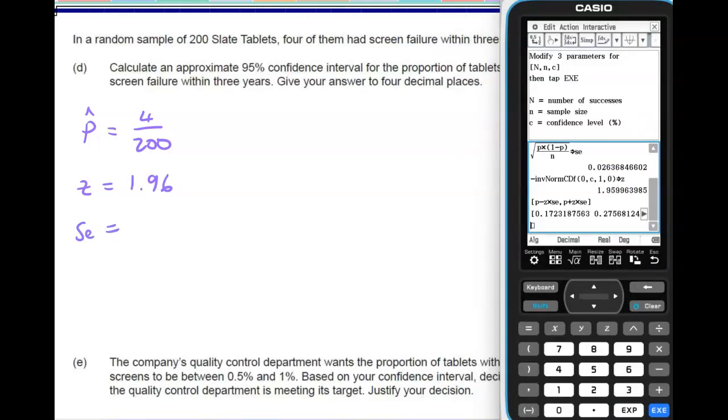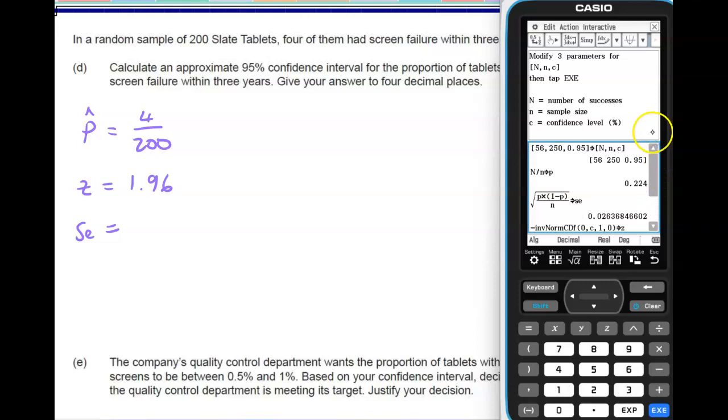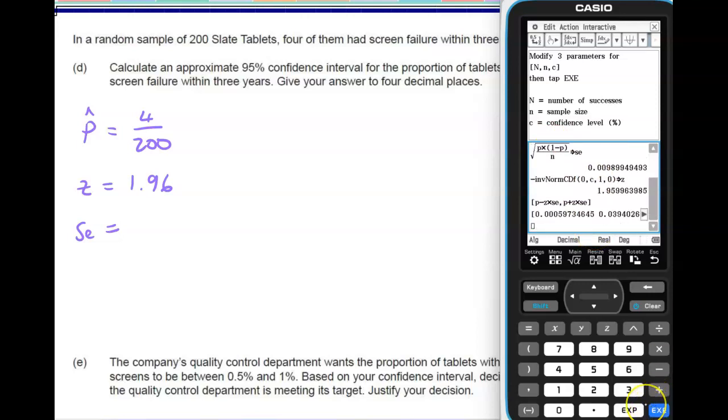So if we go back to this E activity, let's put in the info. 4 out of 200, 0.95 is still okay, and hit execute, and there we have the info we want. So standard error 0.0099 effectively, and then your interval 0.0006.